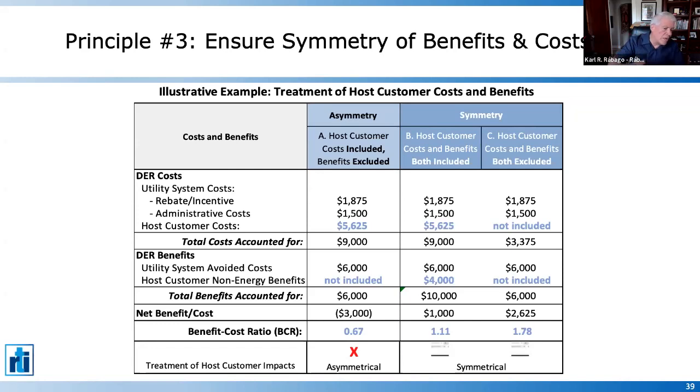We're using only a utility impacts approach, and we're disregarding host customers. We come up with a result. Note that it is different. We do have a different result if we account for those host customers. But it's the jurisdictional policy that determines whether or not you're going to account for those.